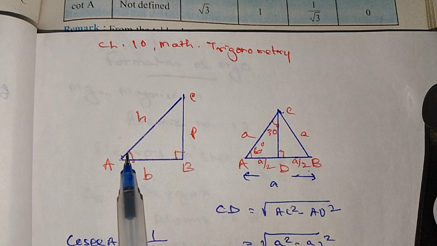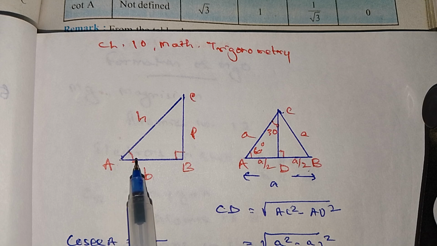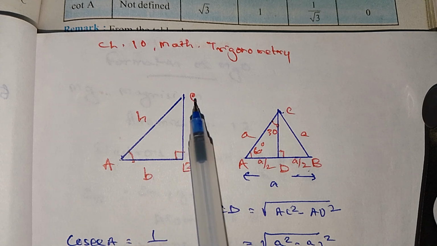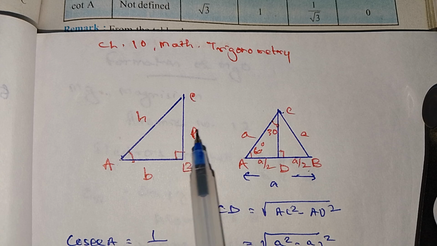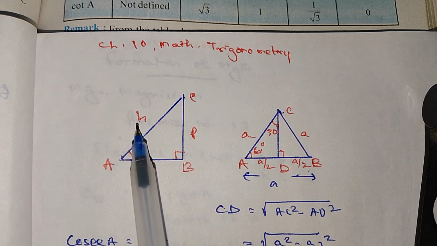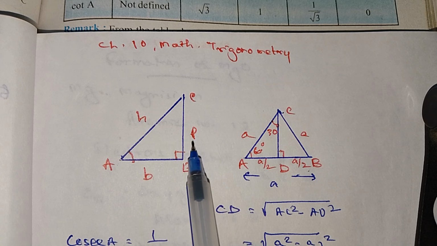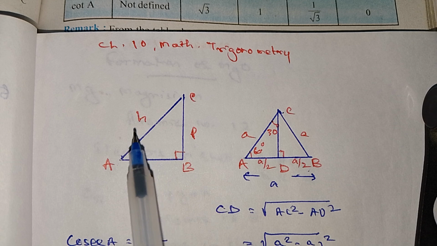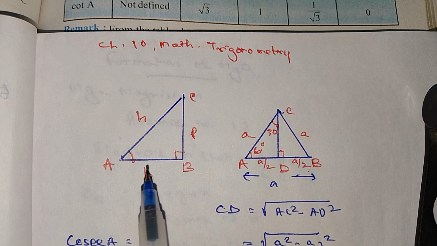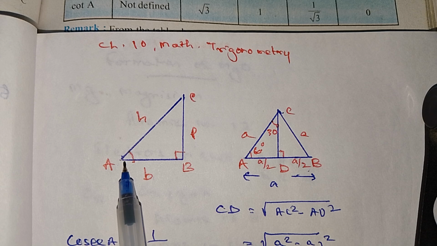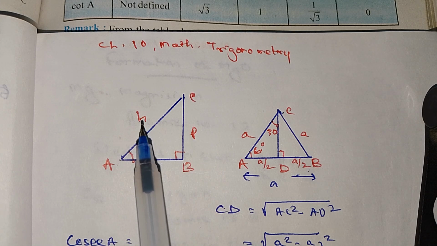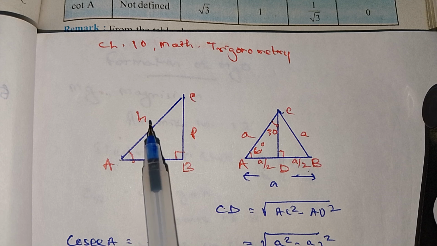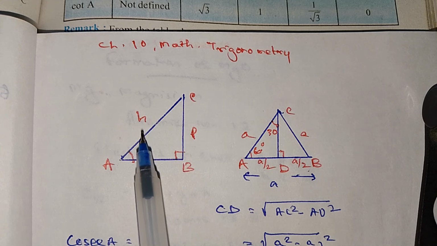Then 45 degrees. When A is equal to 45 degrees, angle C will be 45 degrees also. Then the hypotenuse will be root 2 times the perpendicular and root 2 times the base. Then sin 45 is equal to P by H is equal to P by root 2 P, which means 1 by root 2.